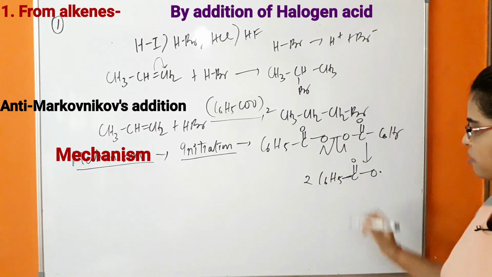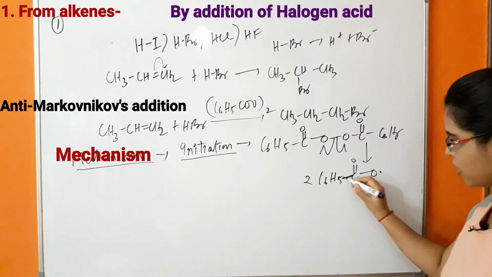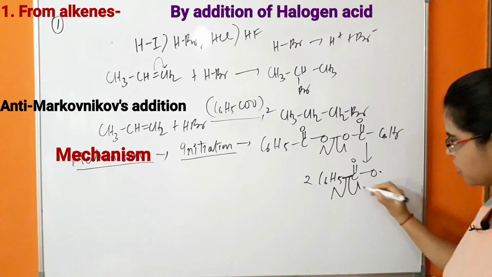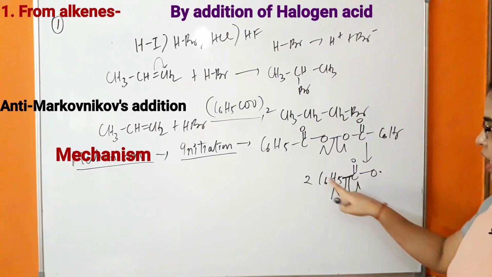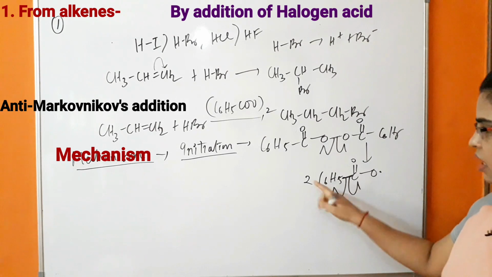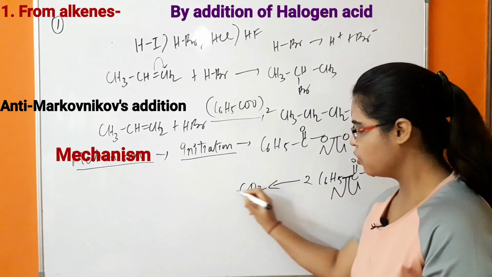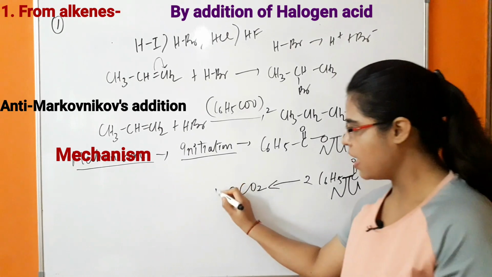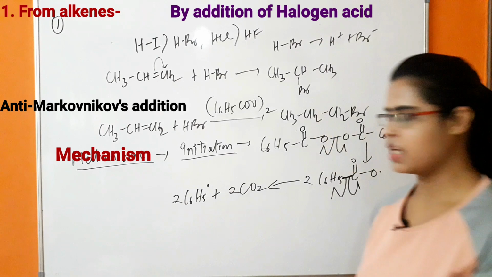Further, homolytic fission takes place of the phenyl carbon bond, due to which carbon double bond oxygen, that is CO2, and phenyl free radical are formed. So there is a formation of 2 moles of CO2 and 2 moles of phenyl free radical.